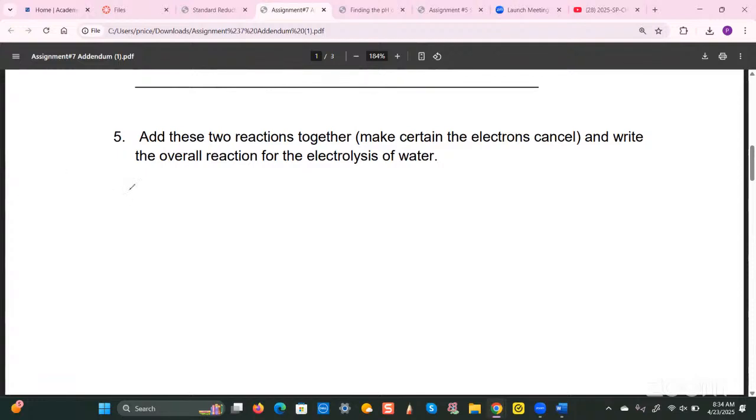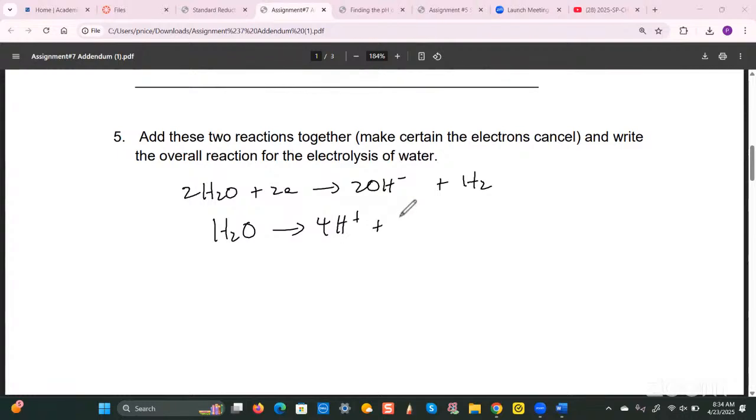So one equation is 2H2O plus 2 electrons to form 2OH minus plus H2. And the other equation is the oxidation of water, which forms 4H plus, O2 plus 4 electrons, and I need a 2 here.